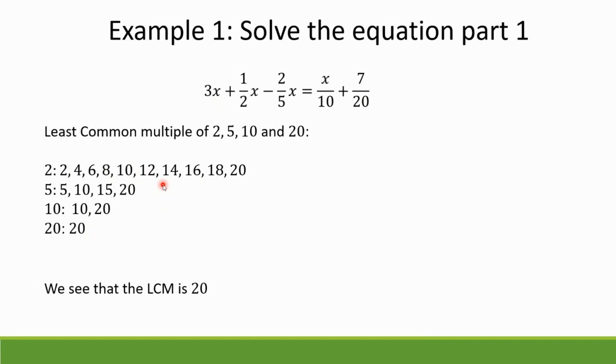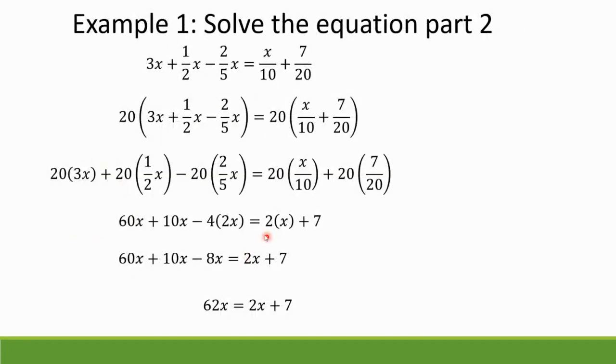Again, we just list the multiples of each denominator enough so that we get something in common with all the denominators. We got 20 here. Big deal. Now what? Well, we multiply both sides by that 20, and what's going to happen is these denominators are going to vanish.